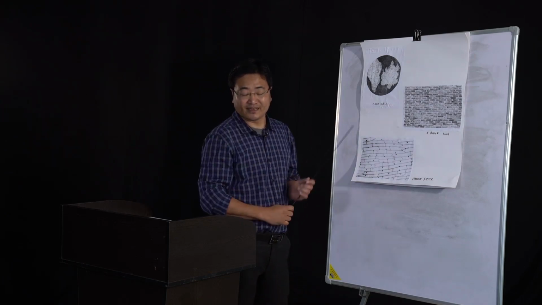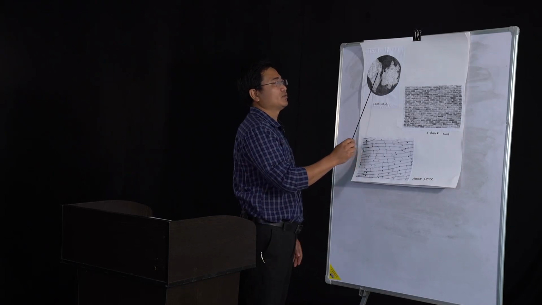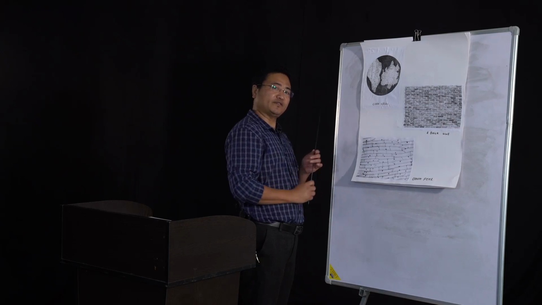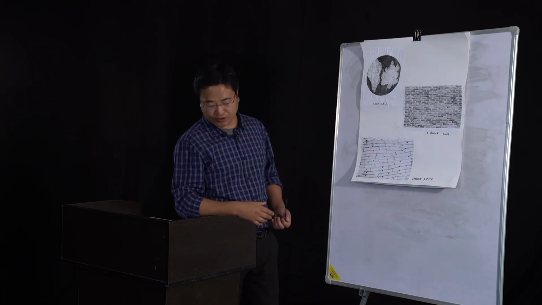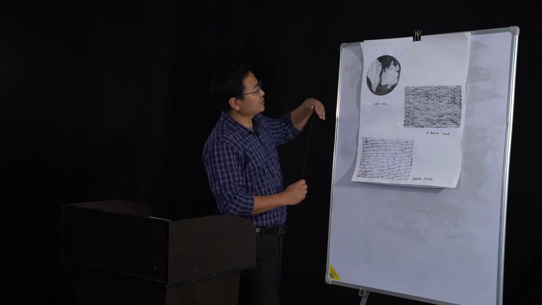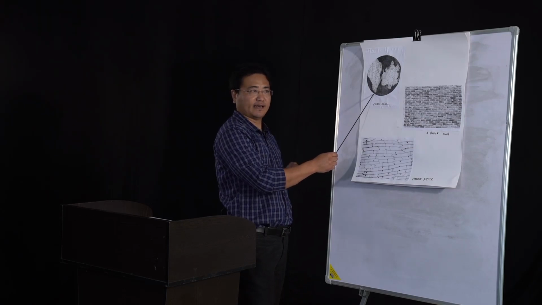So Robert Hooke came up with the word cell for each block. He was the one who coined the word cell. Now, what Robert Hooke observed was not a living cell.